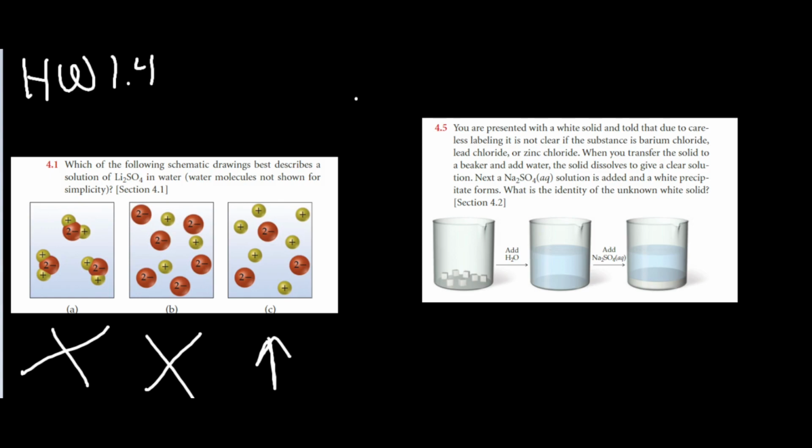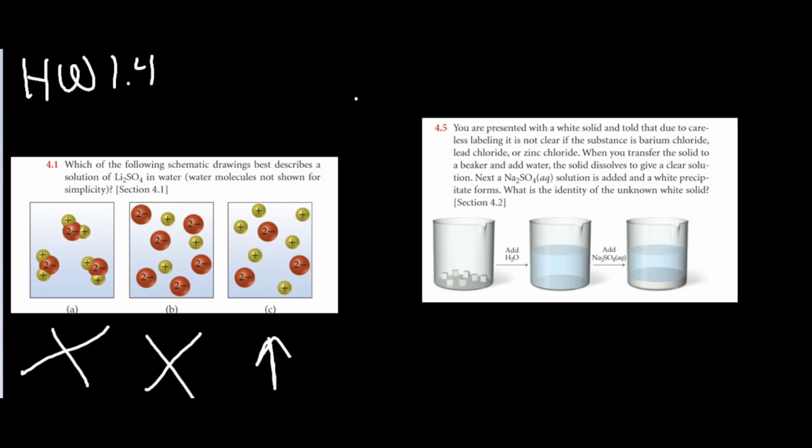Immediately, using a chart and my brain, I know that lead chloride won't work here, because generally lead does not want to be soluble at all, except for nitrates. Nitrates is, I think, the only exception. There might be 1 or 2 more, but generally lead never dissolves. So I'm just going to cross that out.